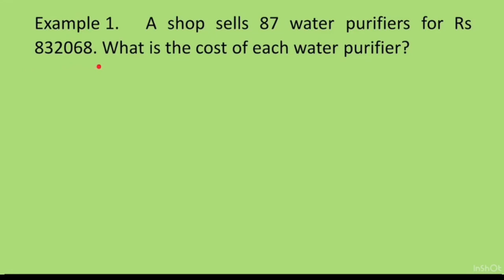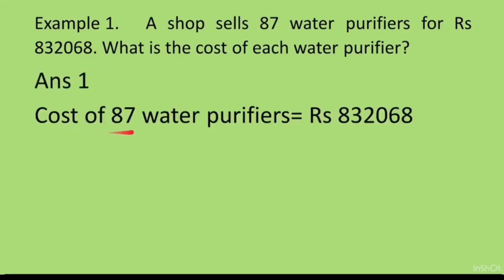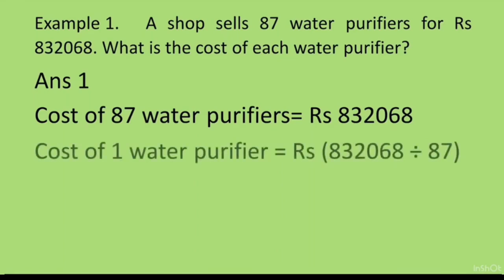A shop sells 87 water purifiers for rupees 832,068. What is the cost of each water purifier? They have given us the cost of 87 water purifiers is rupees 832,068. So we will write the first sentence as: cost of 87 water purifiers is equal to rupees 832,068.